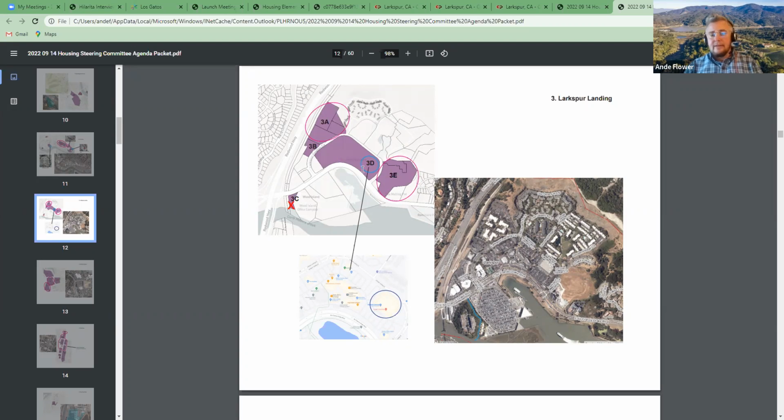This is a good example of the challenge we have about densities, whether we go minimum or maximum. But that might be a conversation for another day. As you can imagine, if we have this 3D where it's one portion of a much larger site, it doesn't make sense to go minimum because it's such a small portion of the lot.